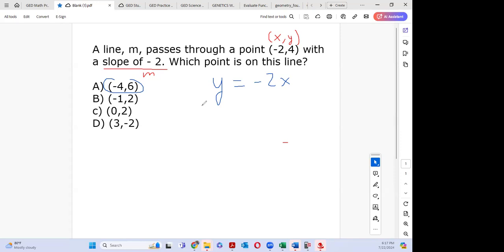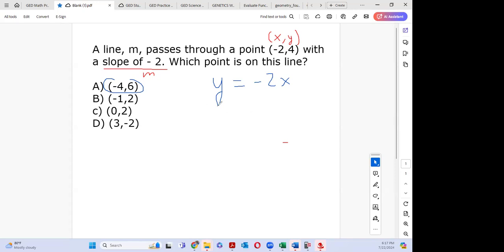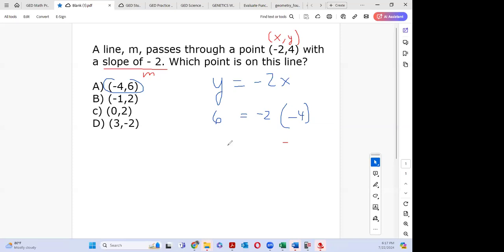For multiple choice A, -4. So what's my y? Your y is 6. So instead of y, I'm putting 6. Instead of x, I'm putting -4. Understand that?